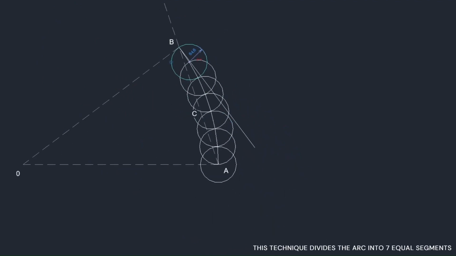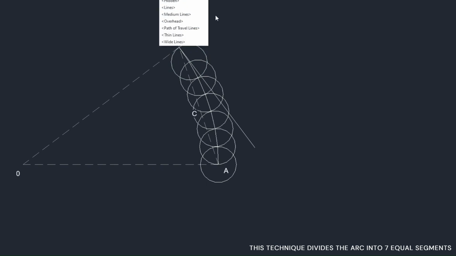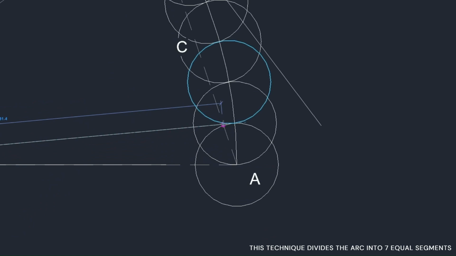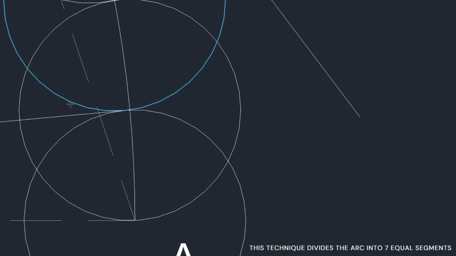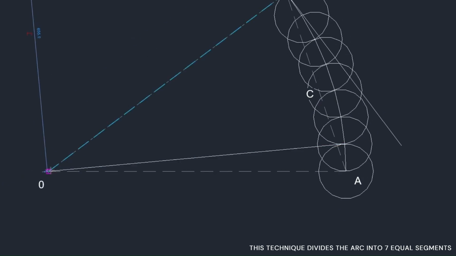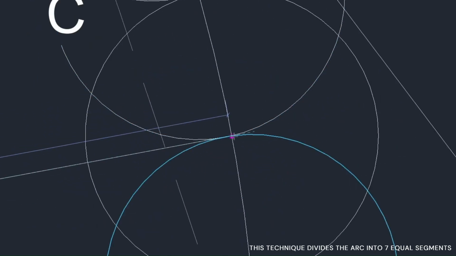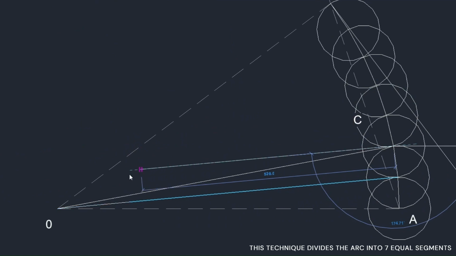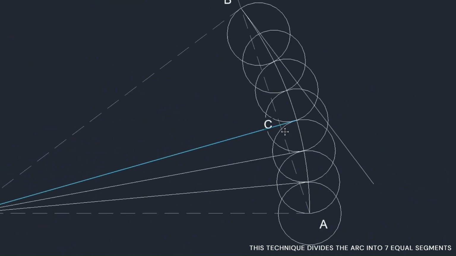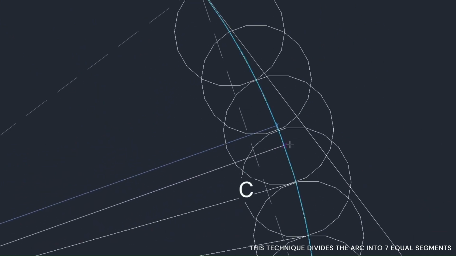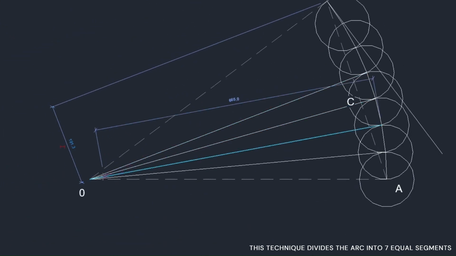So when I draw an arc from point 0 to the centers of these circles, I should have successfully divided this into 7 equal parts.